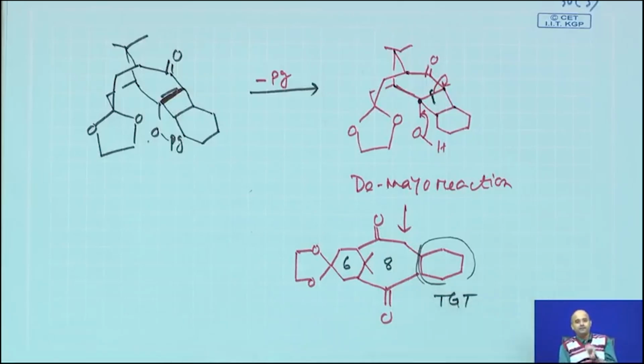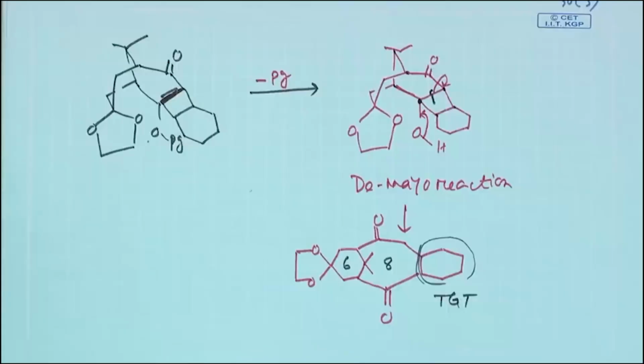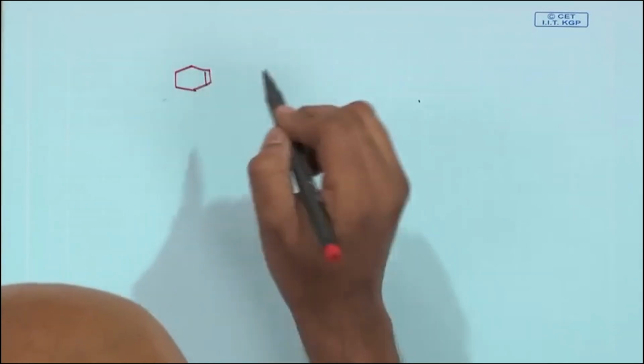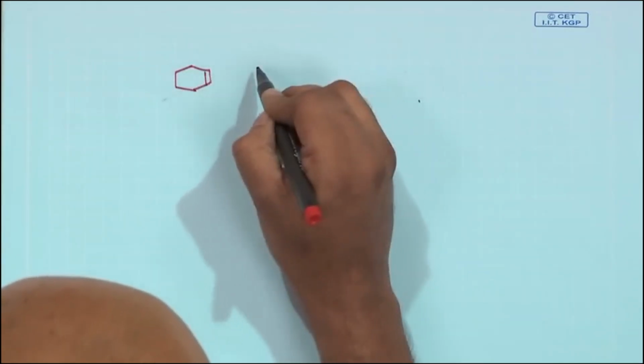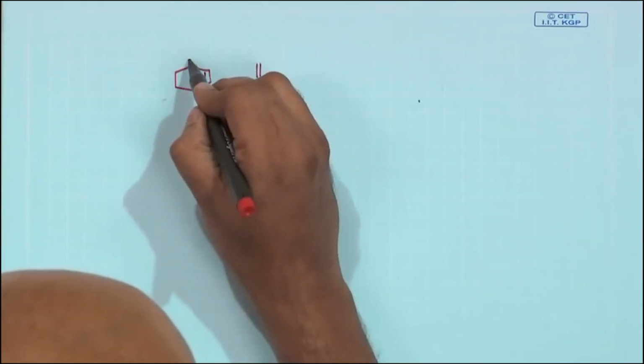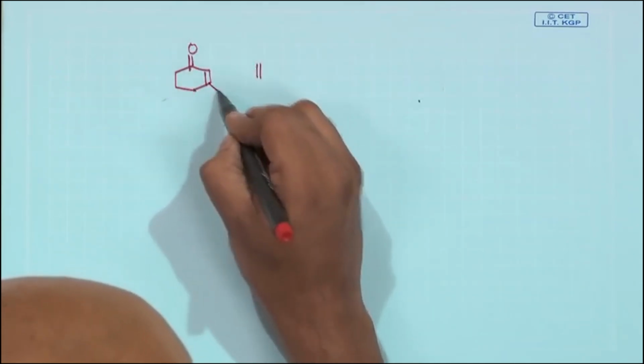Now, if you see, the entire disconnection is a very useful and strategically useful disconnection, because what you exactly do, you use a De Mayo reaction. So, De Mayo reaction we already explained earlier. In the De Mayo reaction we say that if you have this kind of compound, you react it with something like a 2 member compound, and normally the structure of this compound should be an enol ether.